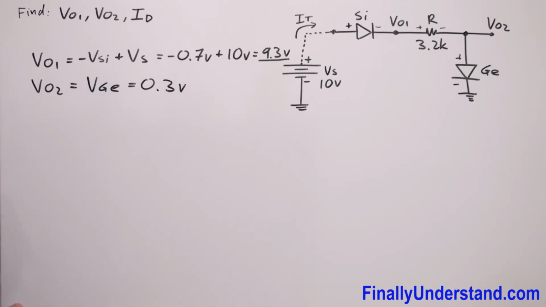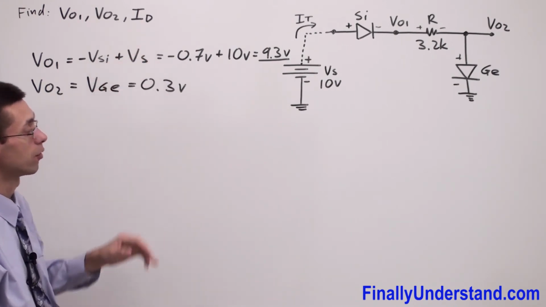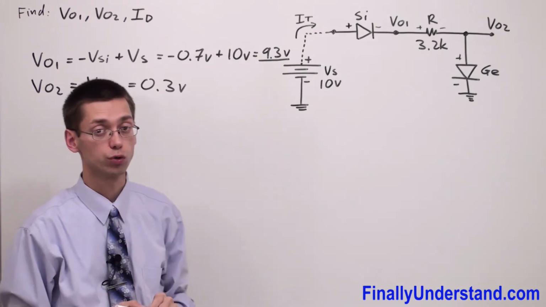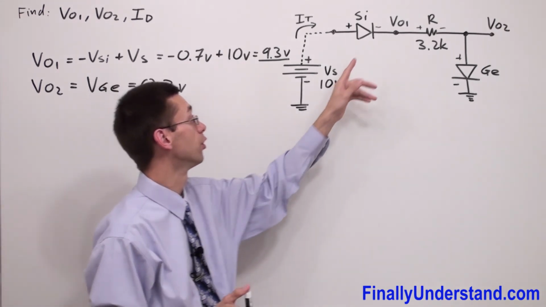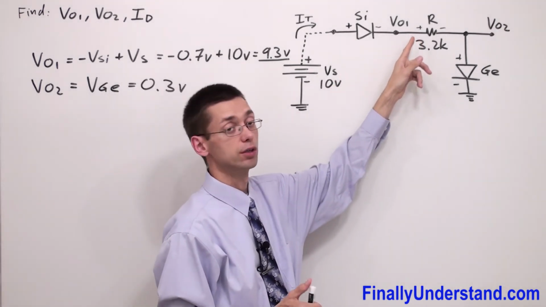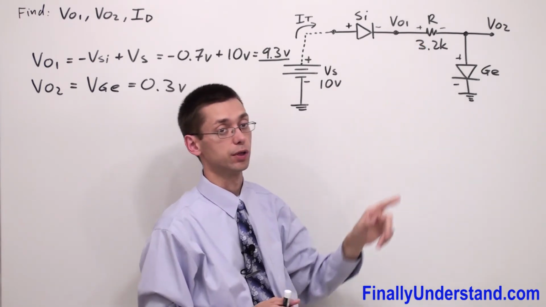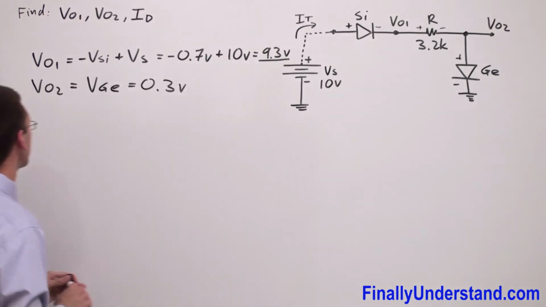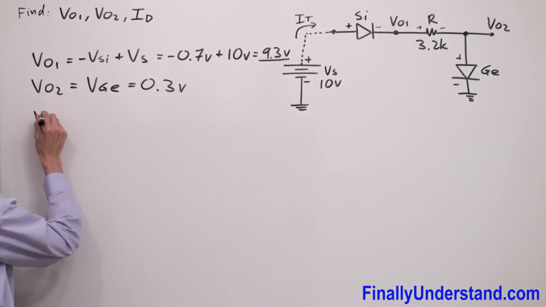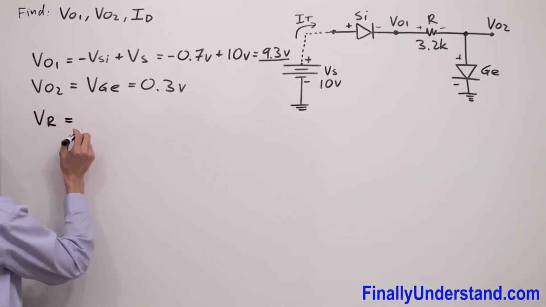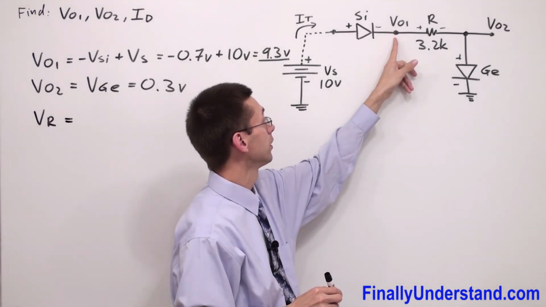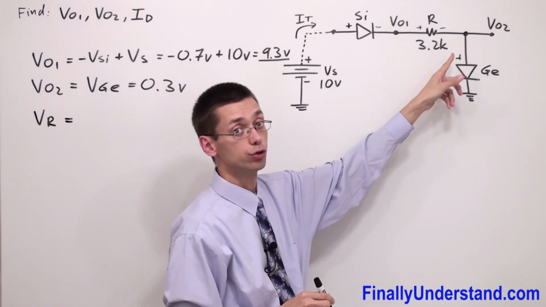Next, the problem is asking us to find the current. Remember, anytime we're looking for current in this kind of circuit, we're supposed to use Ohm's law. We have to find the voltage across the resistor, because current is equal to voltage over resistance. So we can write that VR is equal to Vout1 minus Vout2.